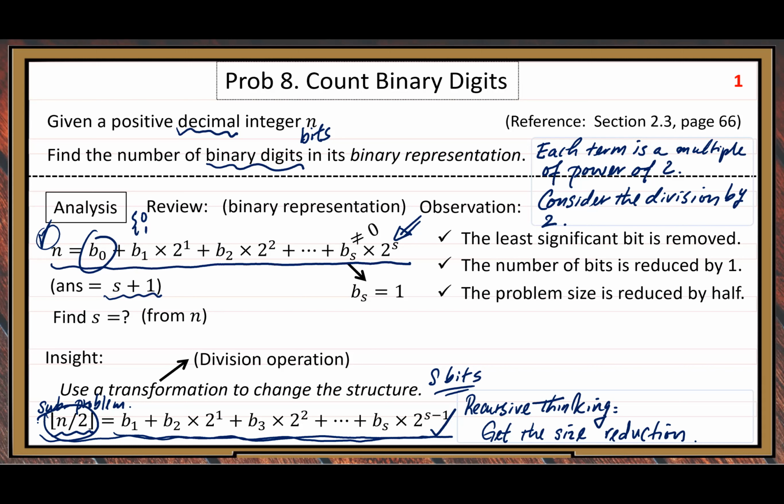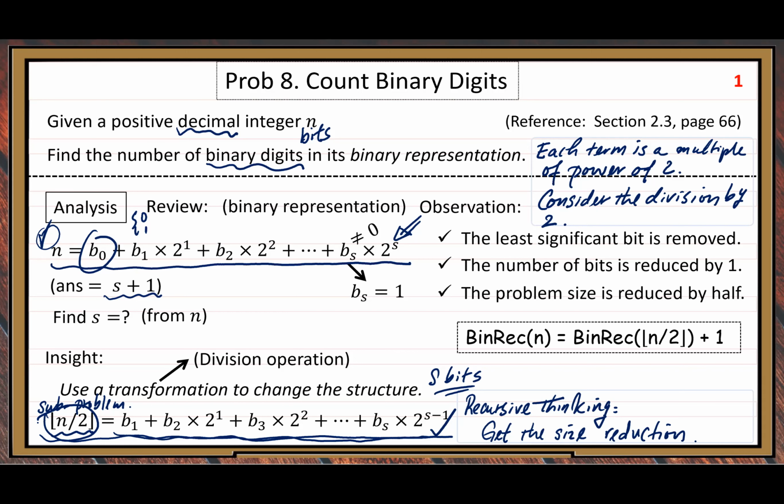With these 3 observations, now we can write the critical step, the recurrence relation, easily. Let us use a special function to represent the number of bits for a given integer n.